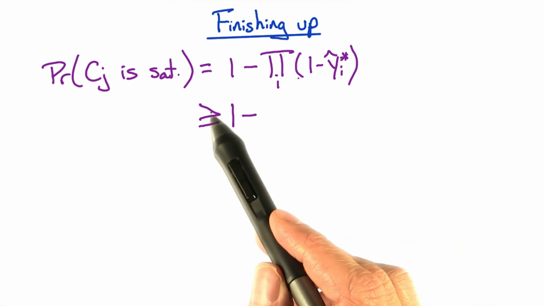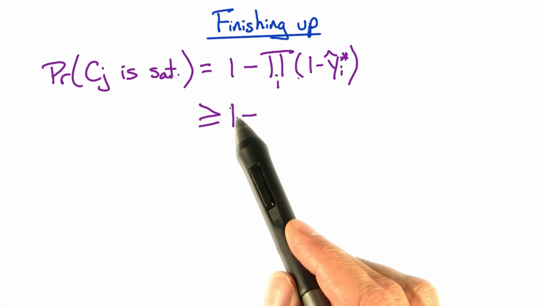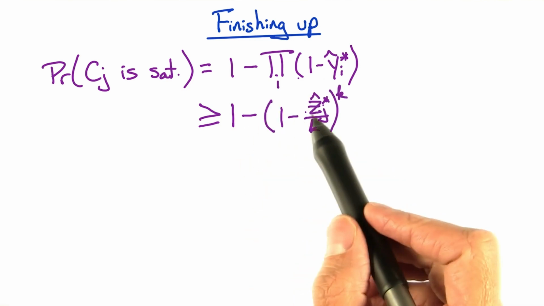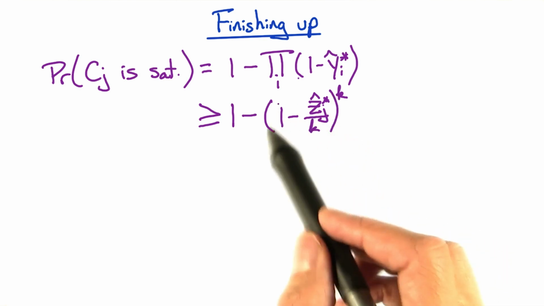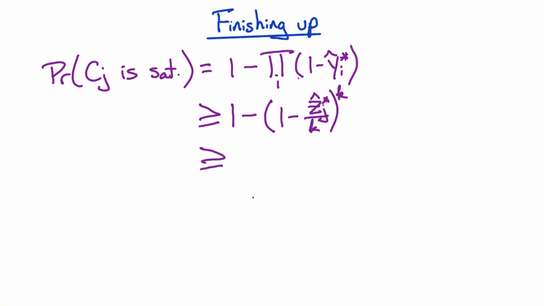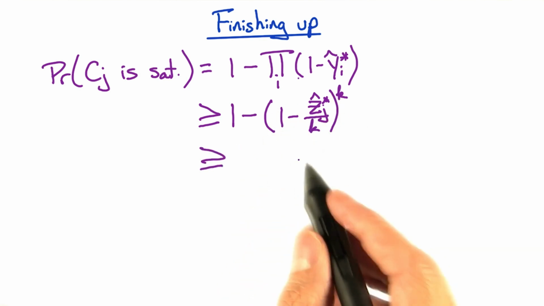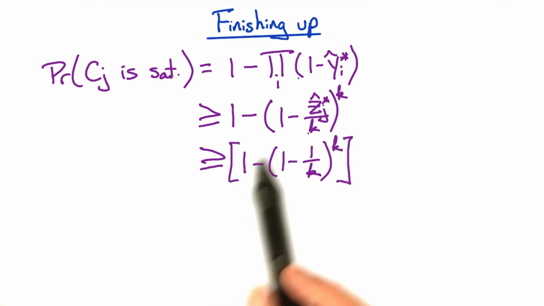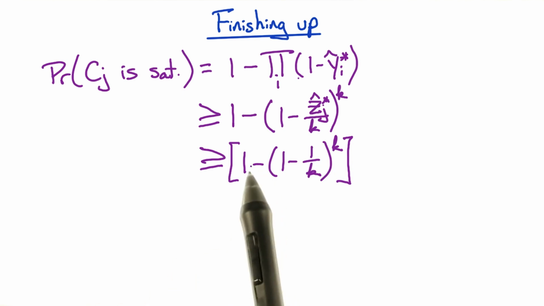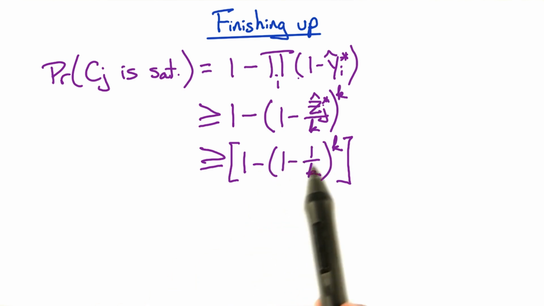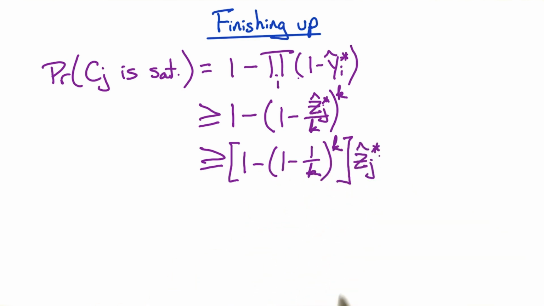And then we got this inequality: this is at least 1 minus (zj hat star over k) raised to the kth power. Now what we just proved is that this whole thing is at least this constant, which is a function of k but independent of z, 1 minus the quantity 1 minus 1 over k to the k, times zj hat star. Okay, now let's simplify this a little bit.